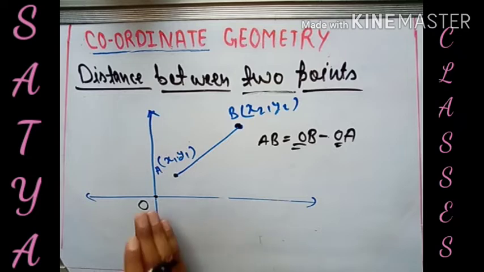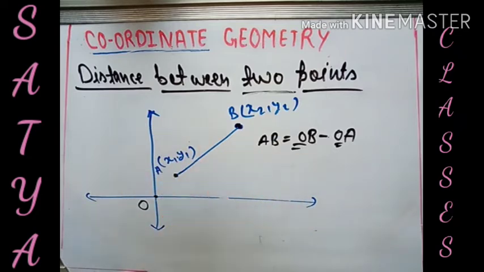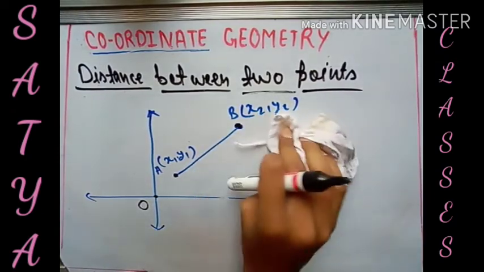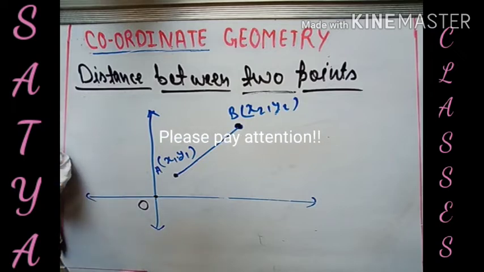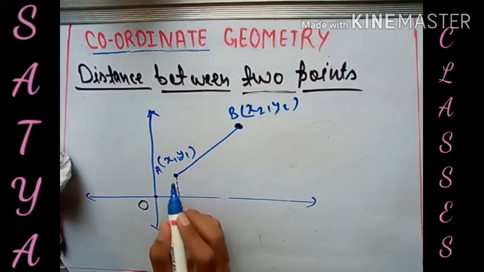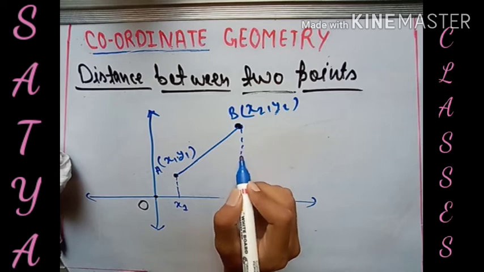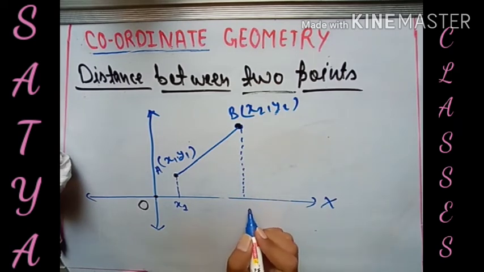So for doing this in a short way, let us establish again a formula so that it will be easier for us. So tell me, when we drop a perpendicular on this line, this becomes how much? x1, and from point B again dropping perpendicular on x-axis, so it becomes what?